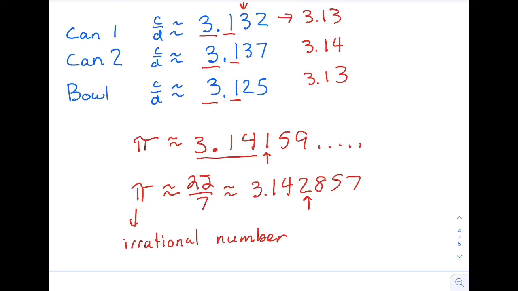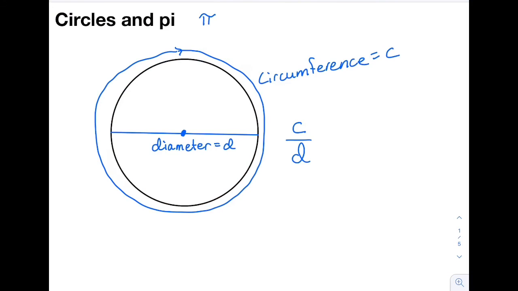So let's go back up here to our circle. Based on the results of our rough measurements of our circle, it's totally believable that we would have circumference over diameter equals pi. We often rearrange this to say circumference equals pi times diameter. So if you can measure the diameter of the circle, just multiply it by pi and you have the circumference.